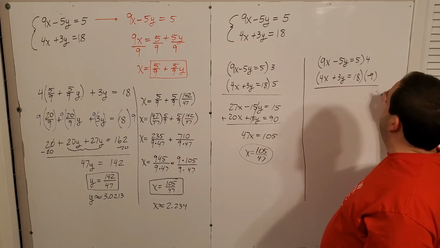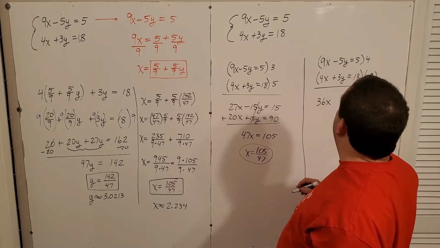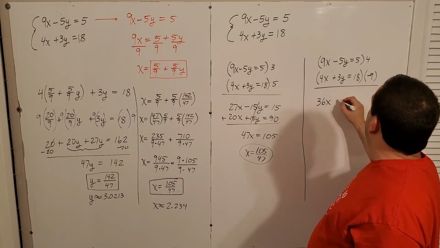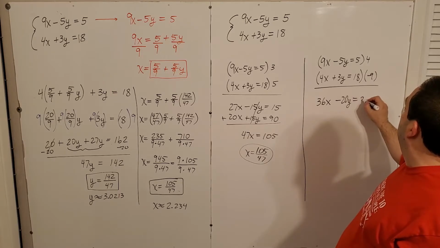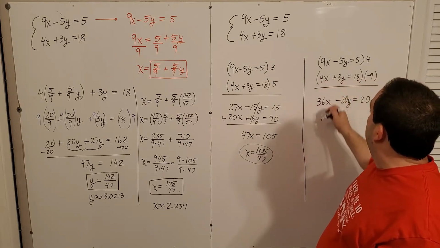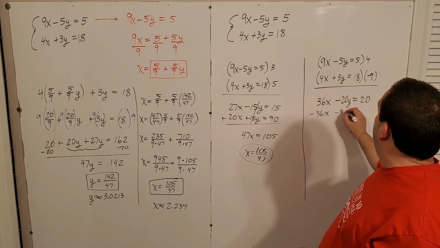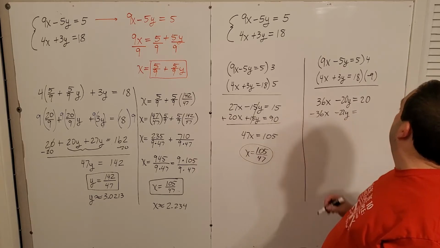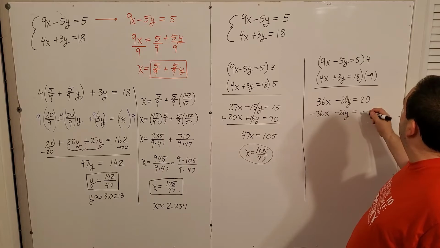The result here is going to be 36x minus 20y is equal to 20. Minus 36x minus 27y is then going to be equal to -162.